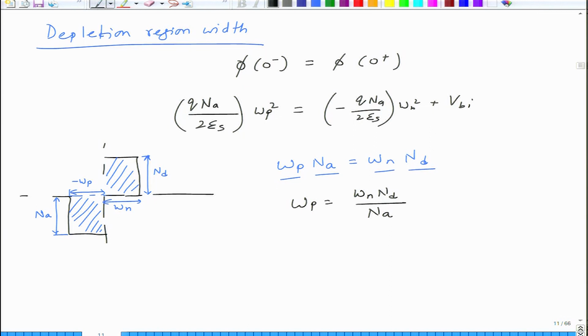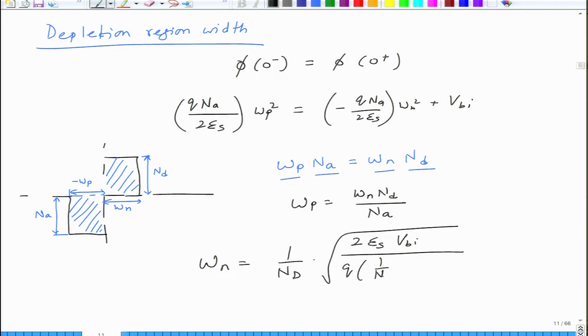So, if you now make the substitutions of this in the previous equation, you can calculate what is Wn. So, if you do that, you will find that Wn is equal to 1 over Nd into square root of 2 epsilon s Vbi divided by Q into 1 over Na plus 1 over Nd.